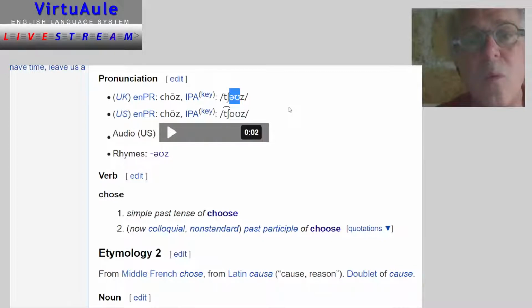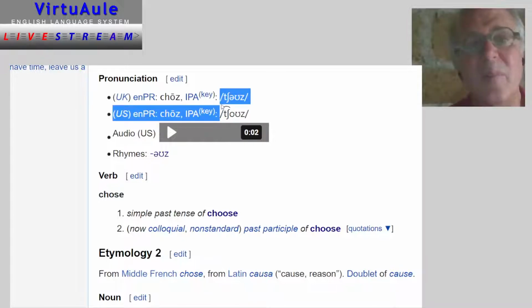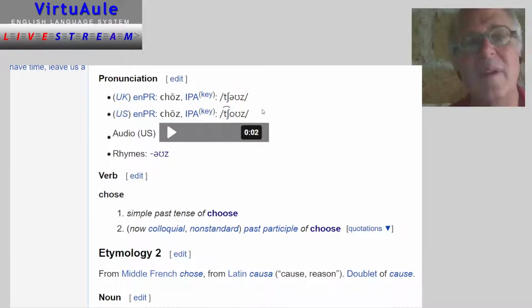You may recognize this from a typical British greeting, hello. The US IPA symbol is the same. It's just a little quicker. This symbol at the top, something like an umbrella, gives those two letters an even closer ch, very, very close. And the sound is a little bit different.